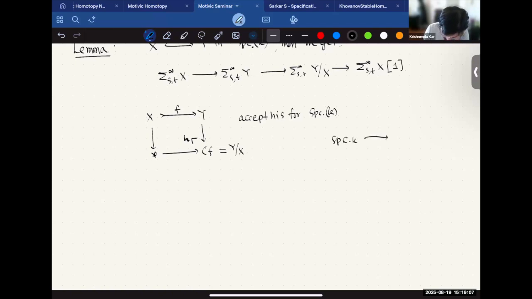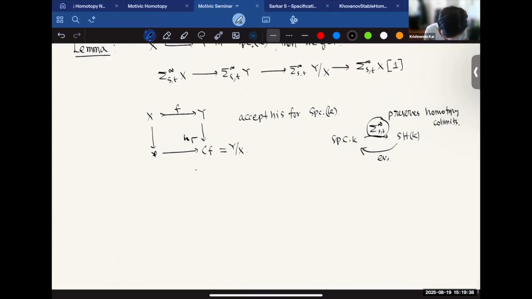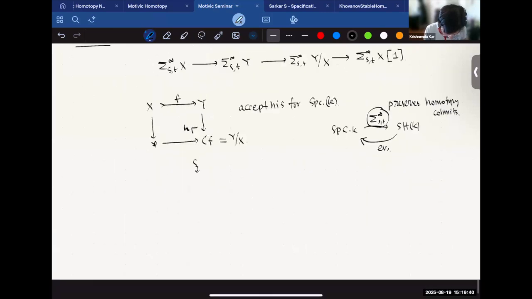The suspension spectrum functor from pointed spaces to SH(k) and back, the evaluation map, forms a Quillen equivalence. That means the left-hand side, this suspension infinity S comma T, preserves homotopy colimits because it's left Quillen. In particular it preserves the homotopy pushout, and that's how you get your required long exact sequence.